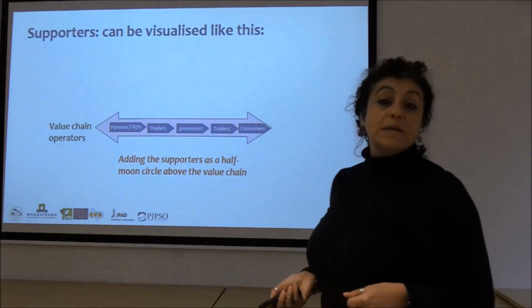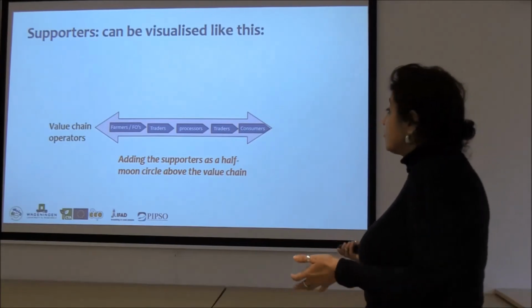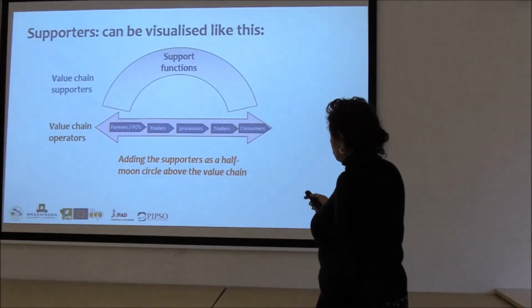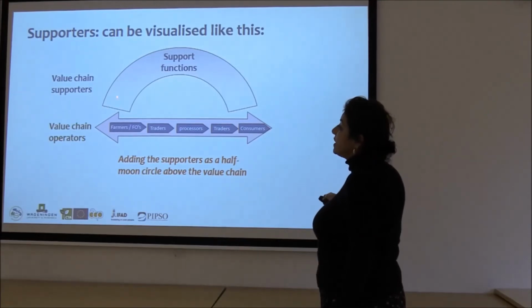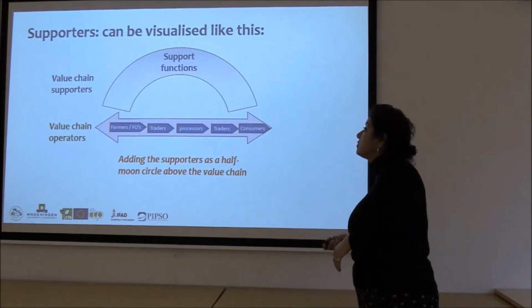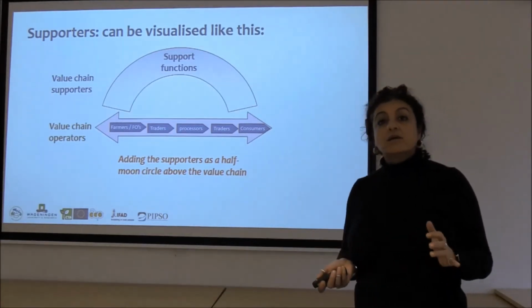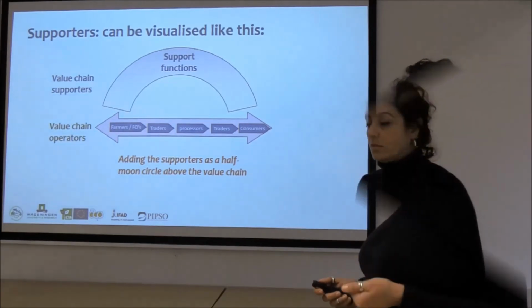And when we visualize those, which gets us closer to the hamburger, we try to put the support functions above. So we name all the players above here to be able to see what kind of services are existing in our own business case.